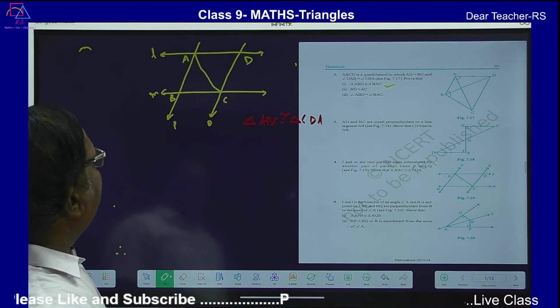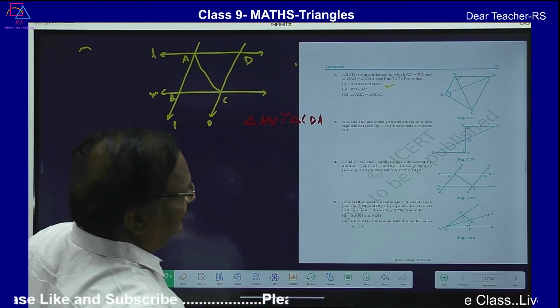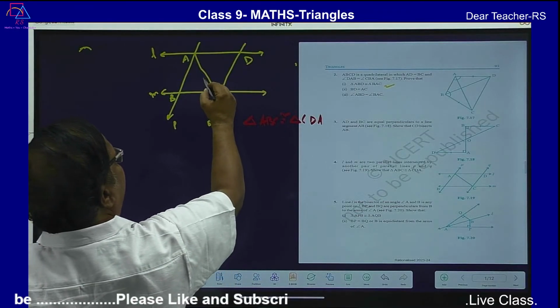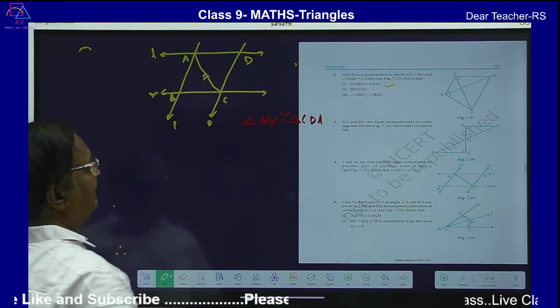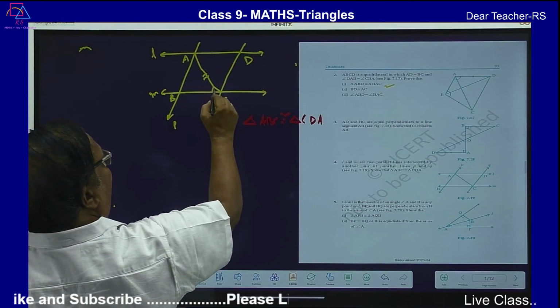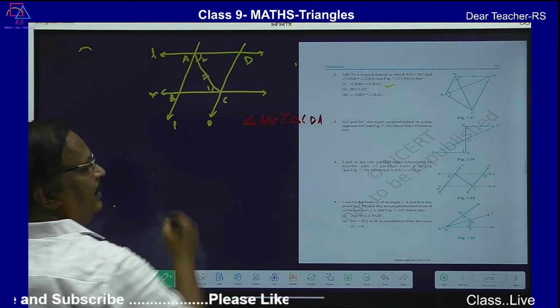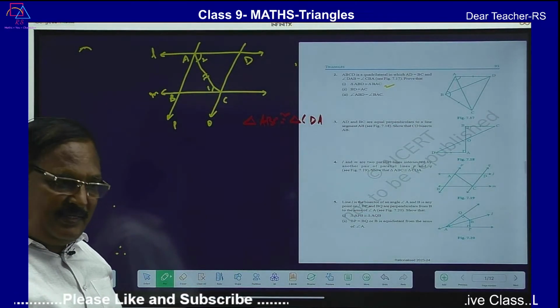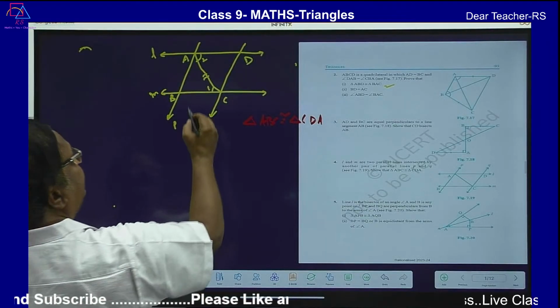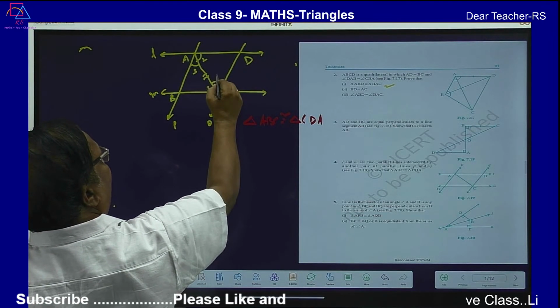So now in these two triangles, let us see what is given. And AC is common. AC is common. So then angle 1 is equal to angle 2, alternate interior angles. Same way, angle 3 is equal to angle 4.